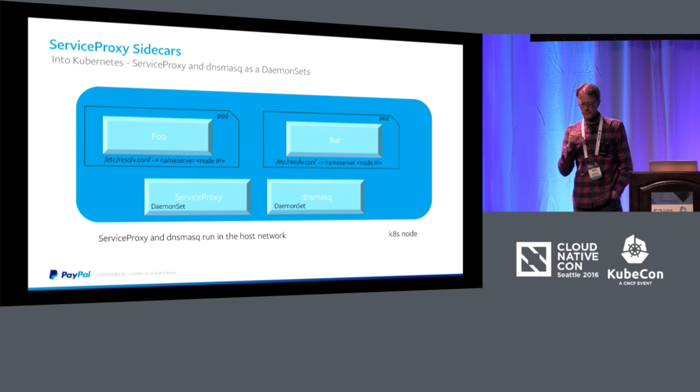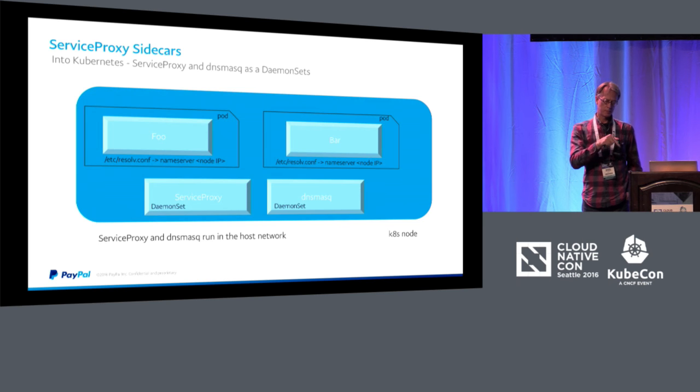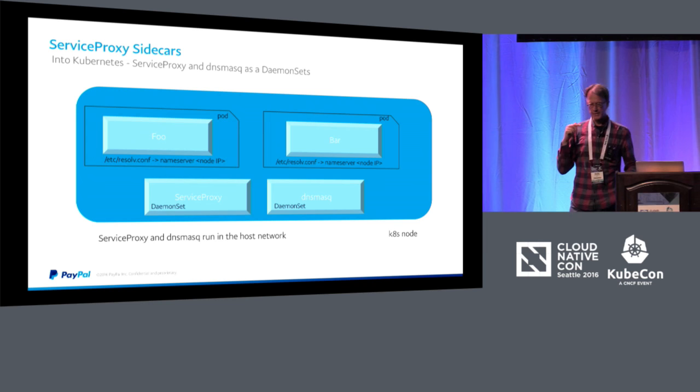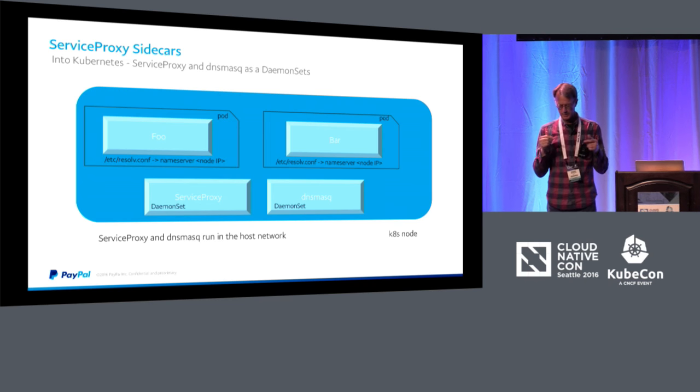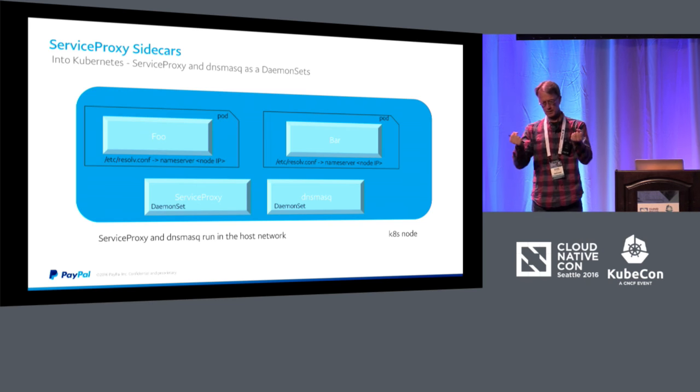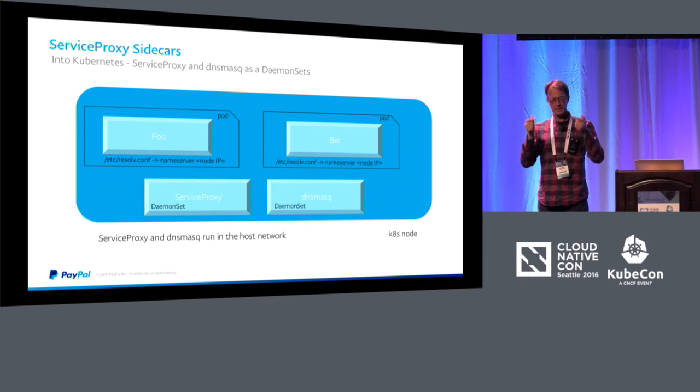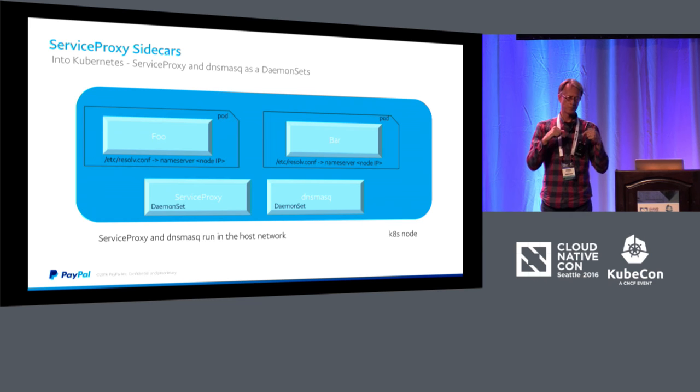So there are a number of ways forward from here to improve this model. This is the model that we've come up with, and it reads like this. It depends on three things. The first trick is to pull Service Proxy out of the pod and run it as a daemon set on each node.